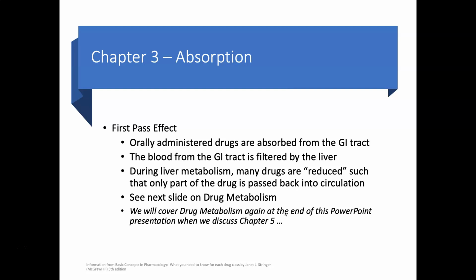The liver then filters the drug, and only part of that drug is passed back into circulation to get to the tissues where it needs to work. So first pass effect is that you reduce the amount of drug that's going to be put into circulation because of what happens in the liver.